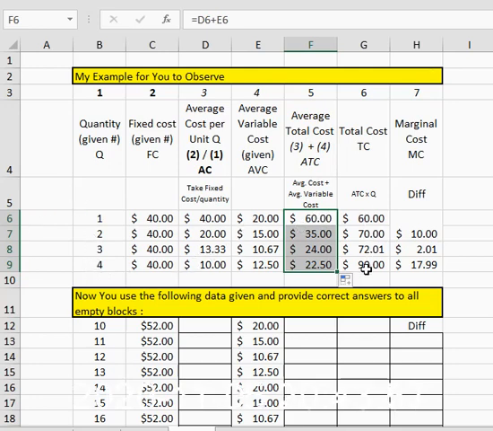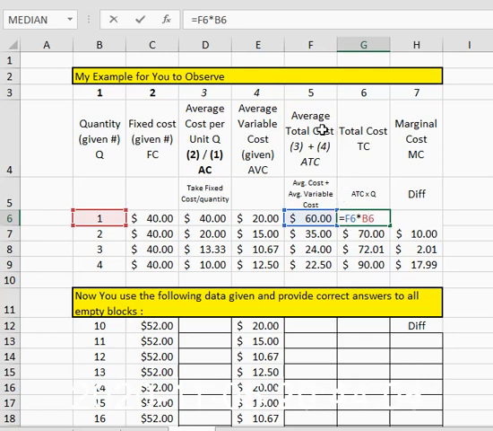Now, I've already had these formulas set up, but I'm going to take you through them because to get to these marginal cost figures, we have another calculation to make, which is total cost, which is taking the average total cost we just got and multiplying it times the number of units.